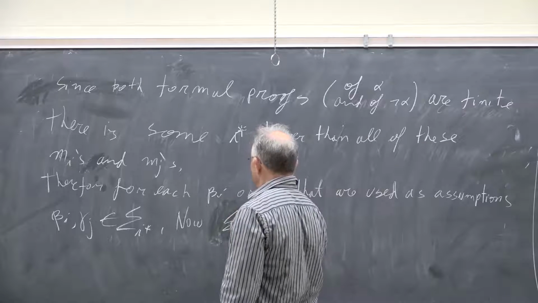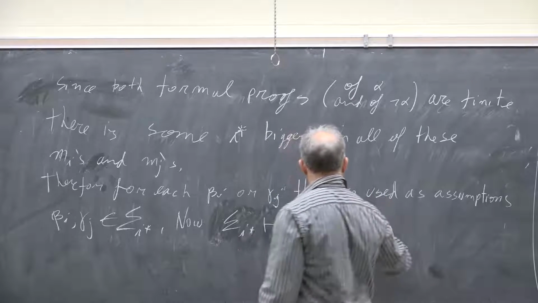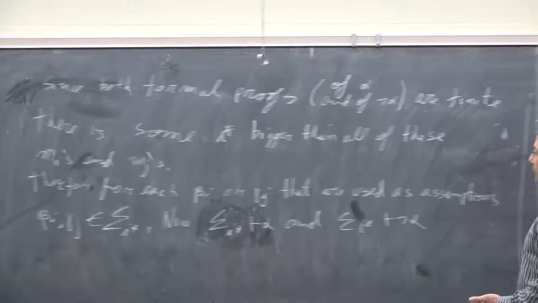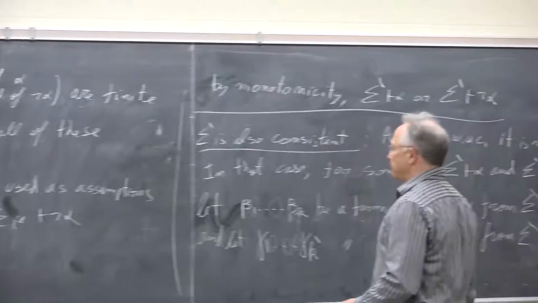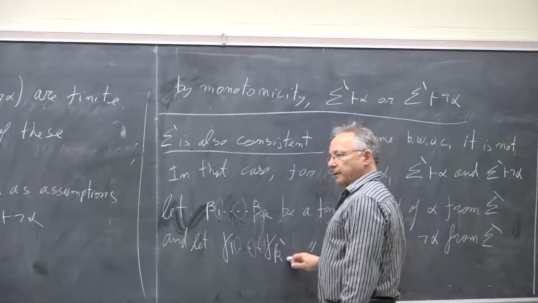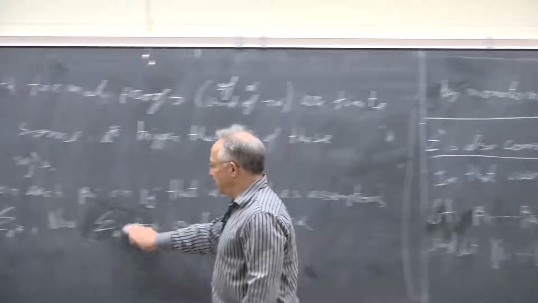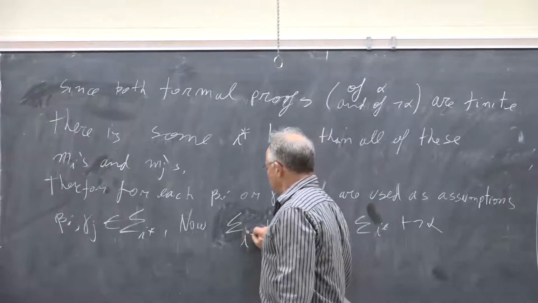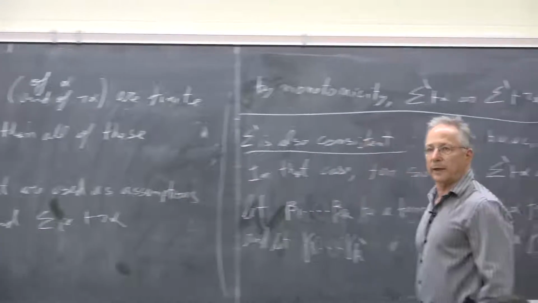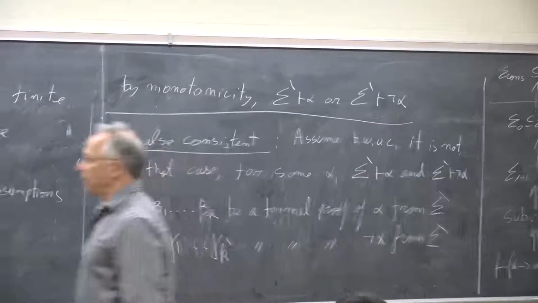This sigma i star can prove alpha, and sigma i star can prove neg alpha, because it contains all the assumptions that I needed in order to carry out both of those proofs. So sigma i star is inconsistent.